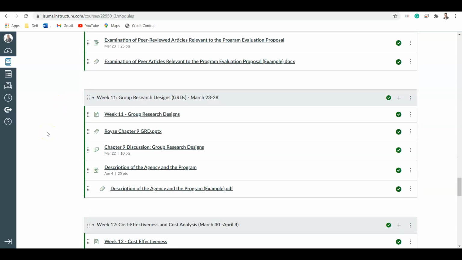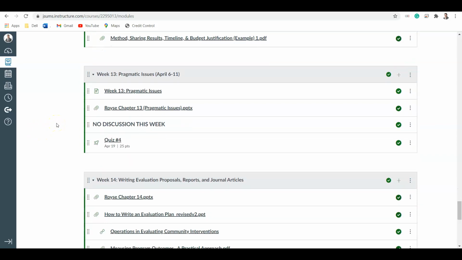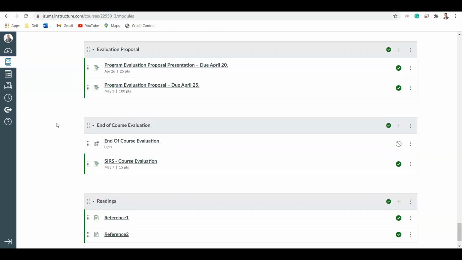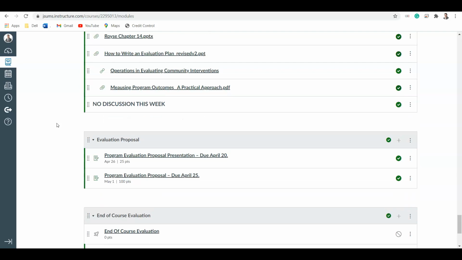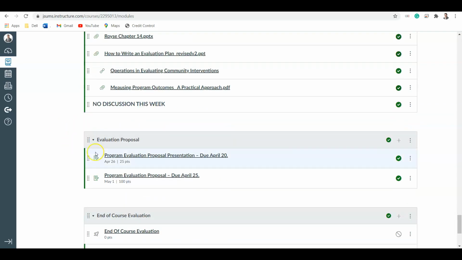There is a break which I have to look up somewhere, so I do need to make certain changes. And also, here is where you get all the help for the evaluation proposal and for everything in between.